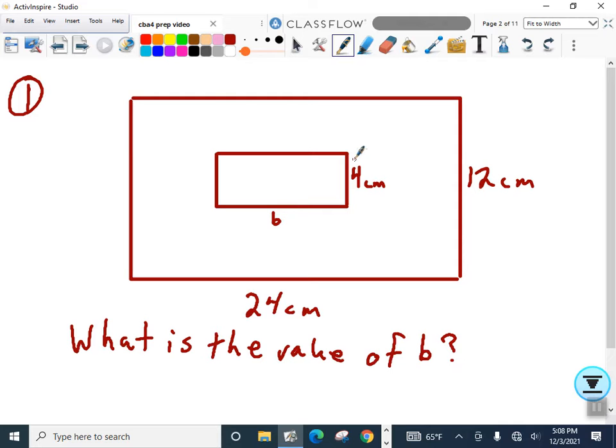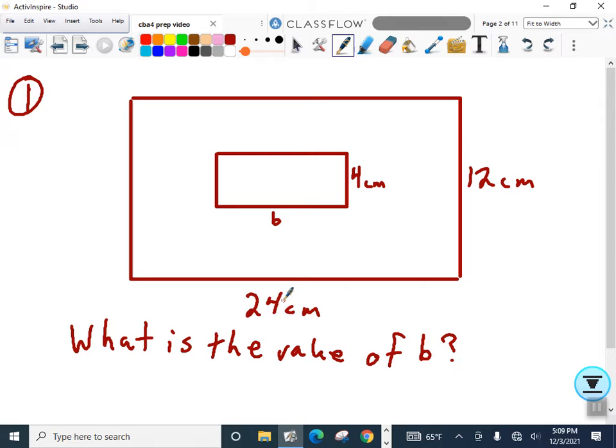If you take a look over here, we went from the narrow side being 4 centimeters to 12 centimeters. We scaled up. Well, we also did the same thing in the same relative amount. We used the same proportion to go from whatever B was to 24.